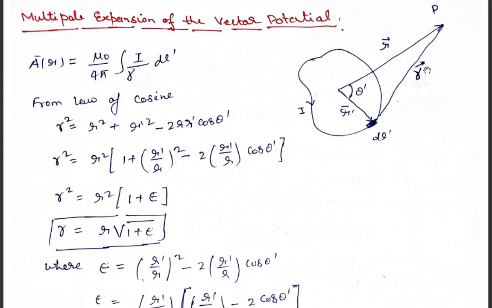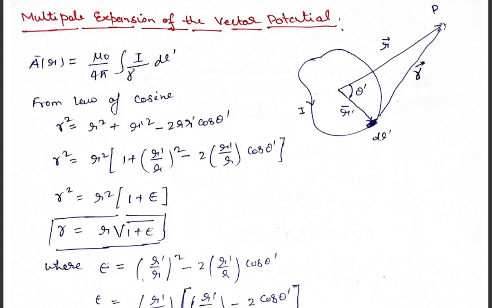Don't be confused: in some reference books you may see this as r, but I have already taken r and r prime, so I have taken the gamma vector. The magnitude of gamma can be found by applying the cosine law.